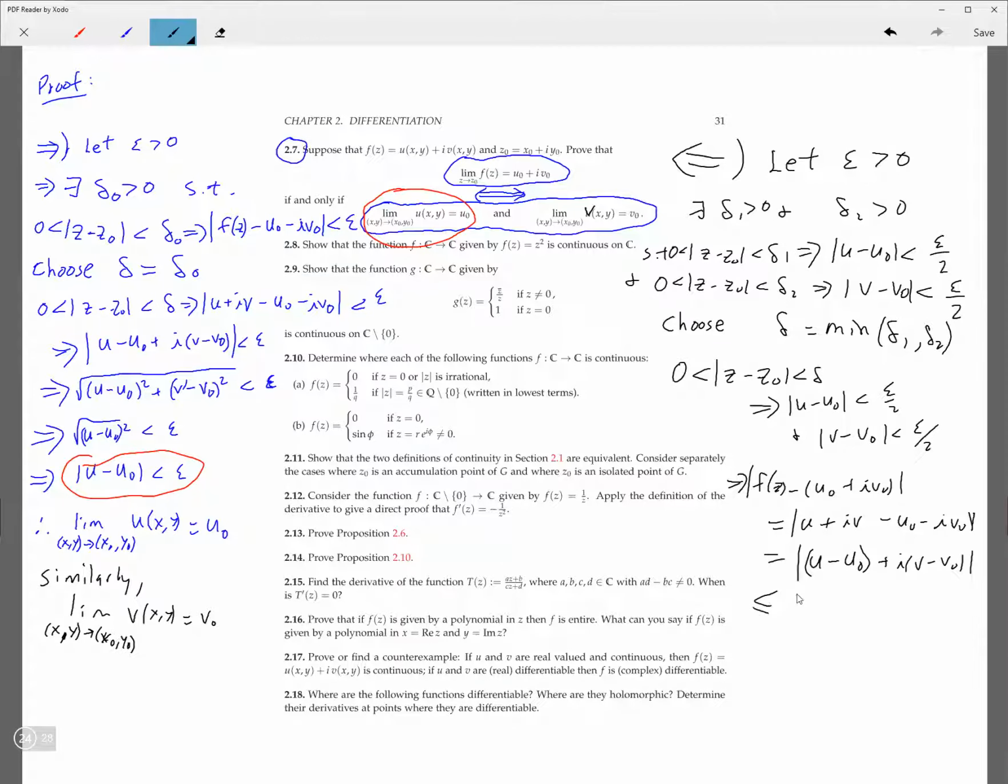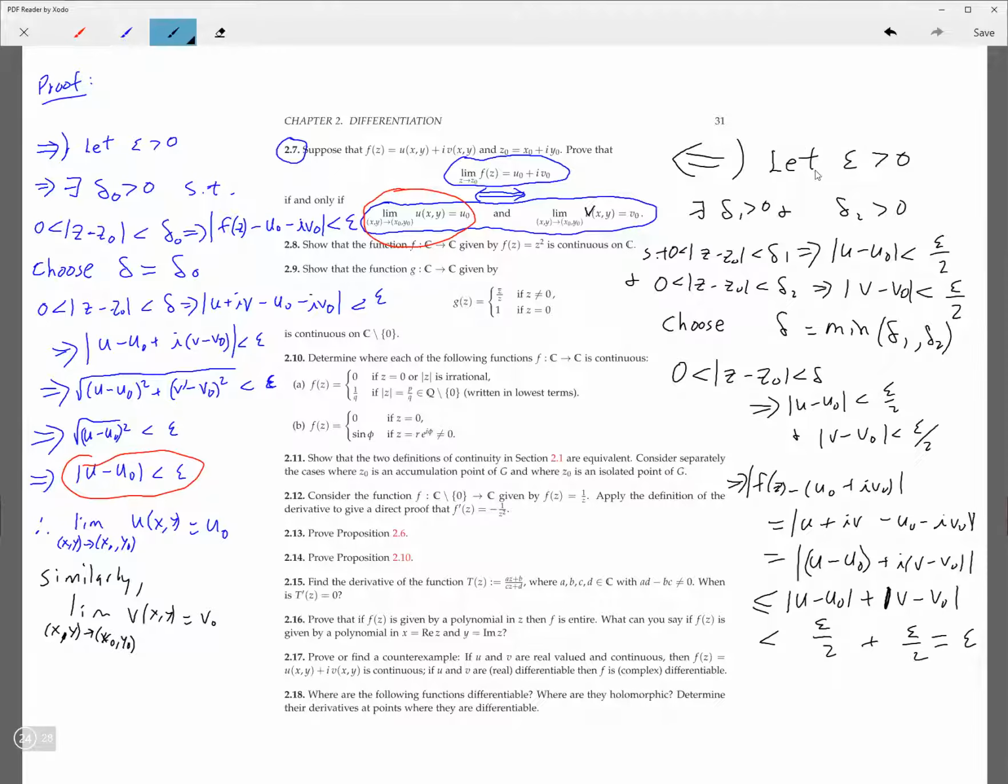That's going to be less than or equal to the modulus of u minus u naught plus the modulus of v minus v naught. This is by the triangle inequality, and also the fact that the modulus of i is 1. So you're applying the modulus property, which is less than epsilon over 2 plus epsilon over 2. So those are both less than epsilon over 2 when you have this condition. And so there you go.